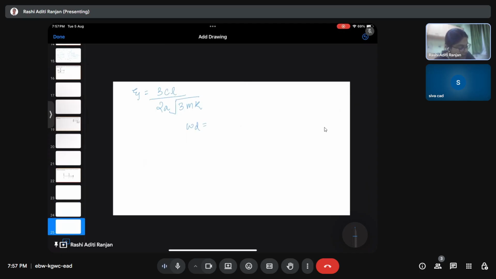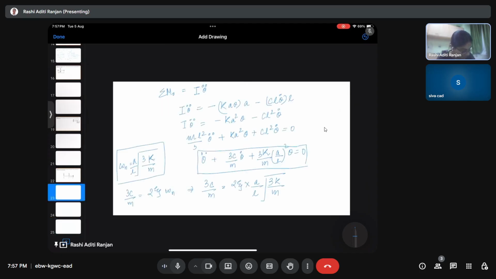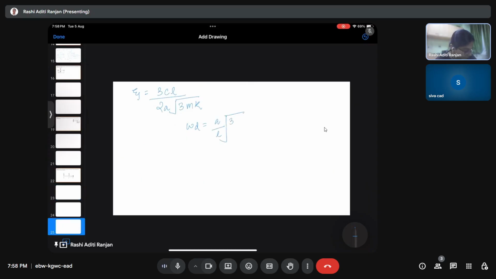So we have the damped natural frequency as a by l root 3k by m into 1 minus 9c square l square by 4a into 3mk, to the power 1 by 2, which will turn out to be, I think, a by l root 3k by m into 1 minus 3c square l square by 4amk, to the power 1 by 2.